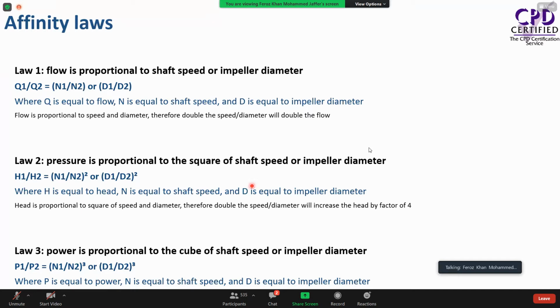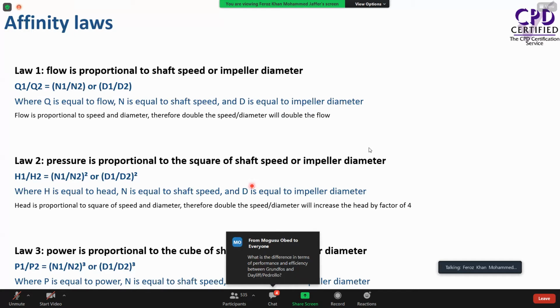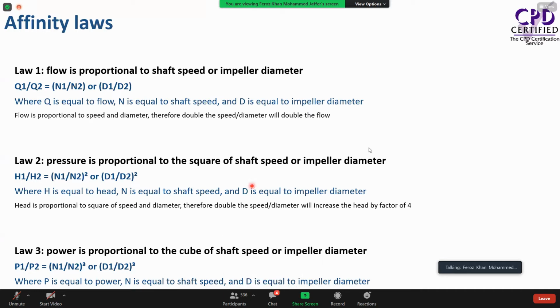So we have 3 different laws. These laws help us identify how flow rate, head of the pump, and power consumed by the pump are related to the speed of the pump or diameter of the impeller.